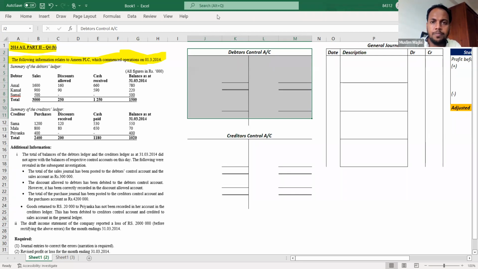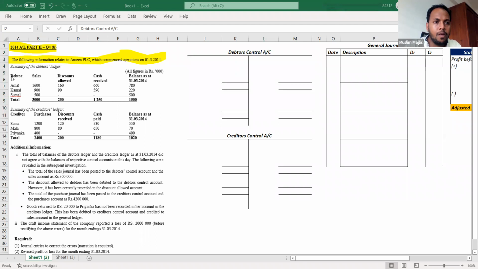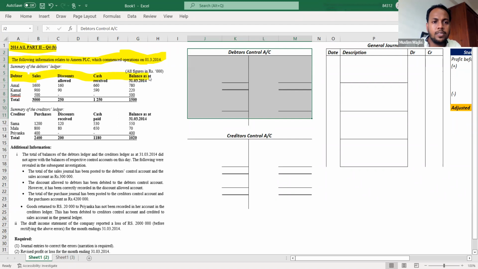Debtors details: sales, discounts, cash, and the balance. And they have also given creditor account details. Additional information: the total of balances of the debtors ledger and the creditors ledger as at 31st March 2014 did not agree with the balances of the respective control accounts on this day. The following were related to the subsequent investigation.